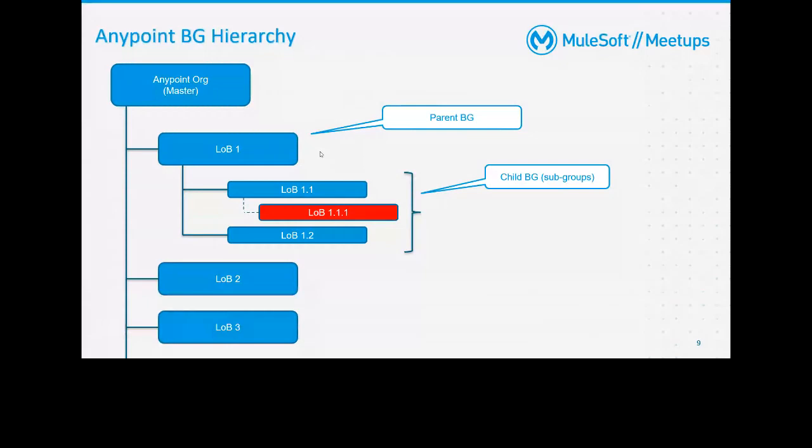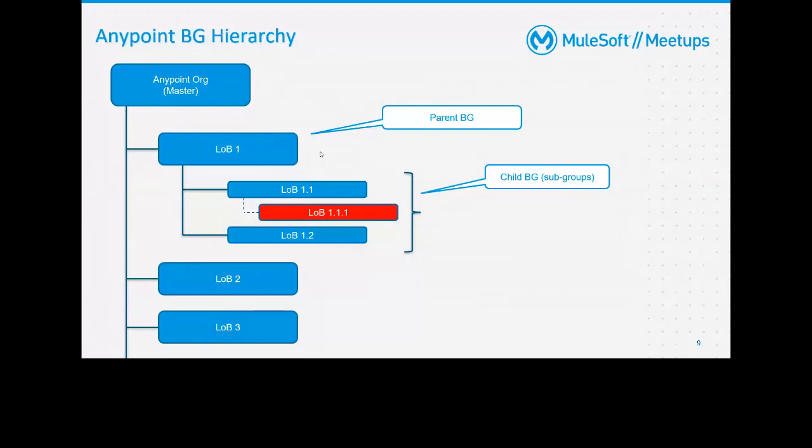One question is there. Does a child business group inherit the parent business group characteristics? Basically, whenever you are creating a child business group, it won't inherit any of the properties. Whatever you need to allocate, like here I'm creating LOB1 and allocating 10 vCores over there.